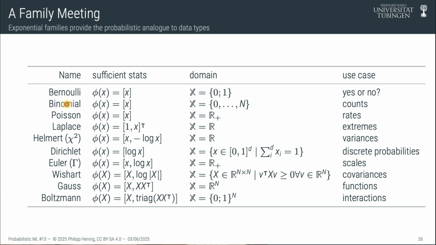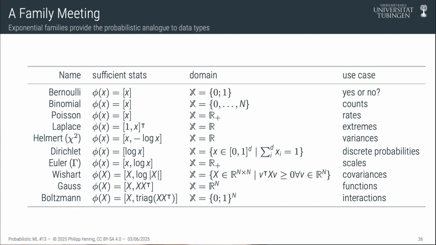It's an exponential family. If you want to know with what rate you're getting emails every week, you use a Poisson distribution, or how often the bus arrives, and so on. And if you're building a physics model for thermodynamical systems where particles are interacting pairwise with each other, you keep track of their interaction terms, and that's the Boltzmann statistic.